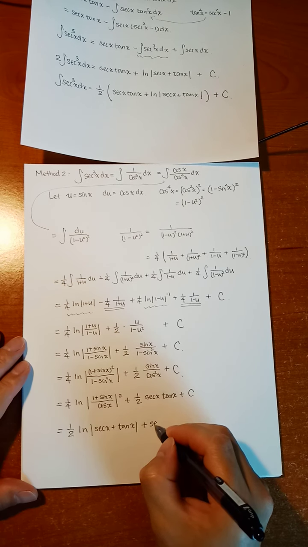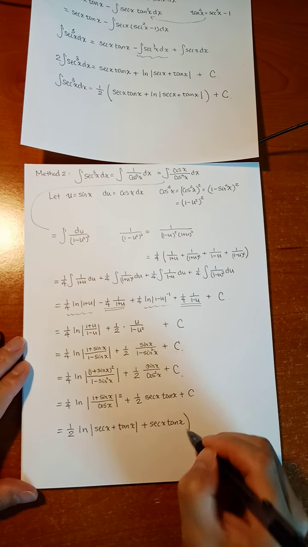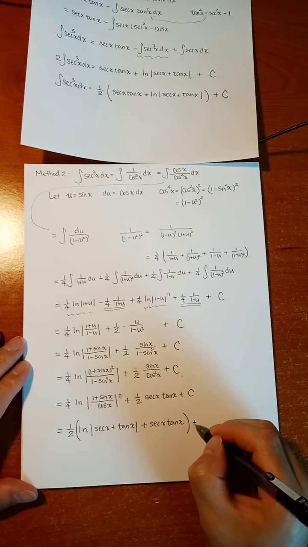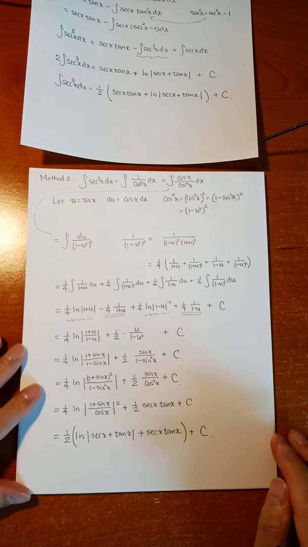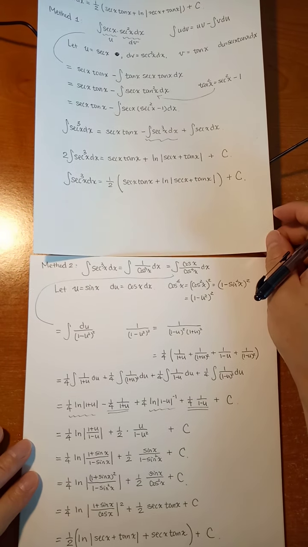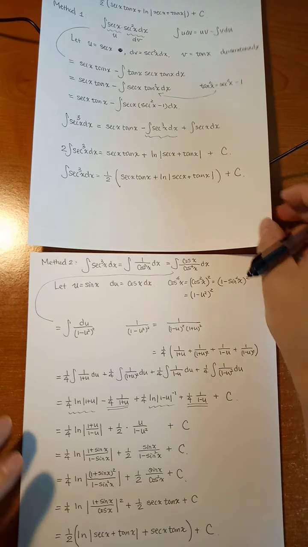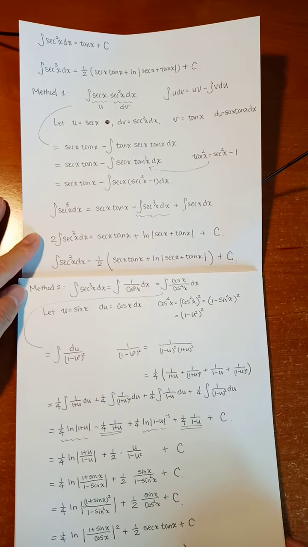Here you also have 1/2, so let's factor out 1/2. So we still have the same formula, right? This is the complete process to find the antiderivative of secant x squared and secant x cubed.